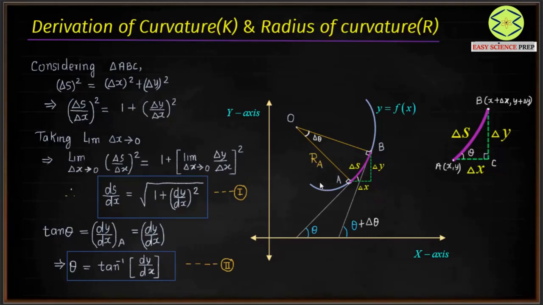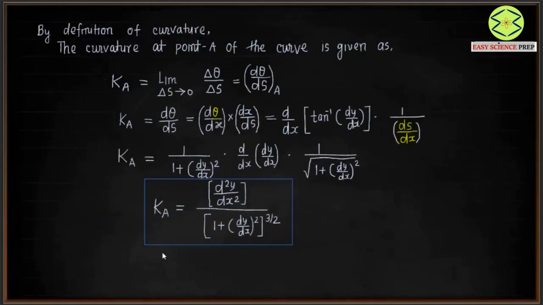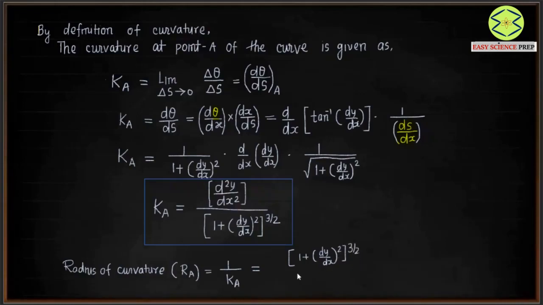So we can find the radius of curvature as the reciprocal of the curvature at point A. That is nothing but 1 upon curvature at point A, and accordingly the expression is 1 plus dy by dx the whole square raised to 3 by 2, divided by the second derivative of y with respect to x.